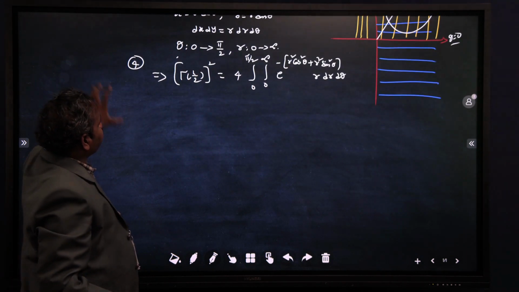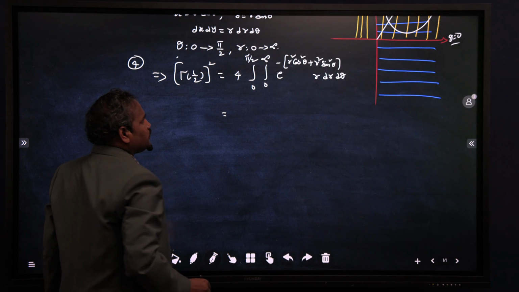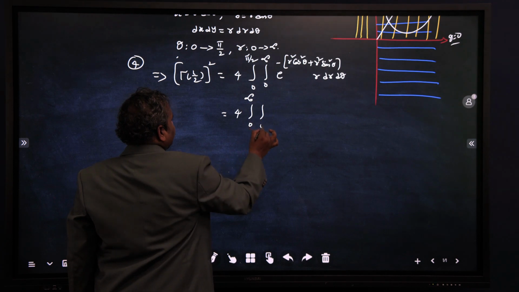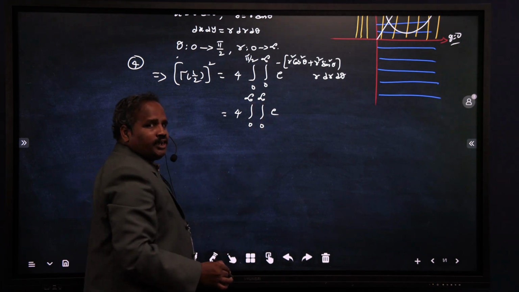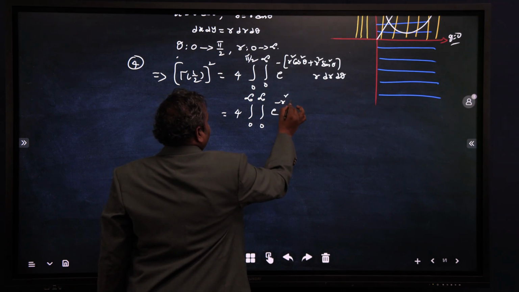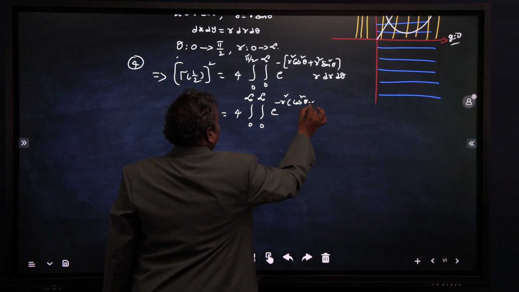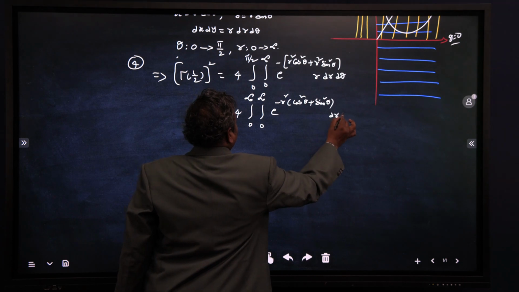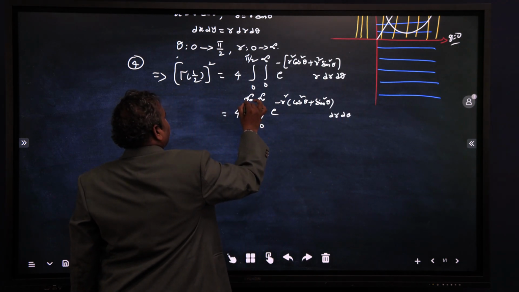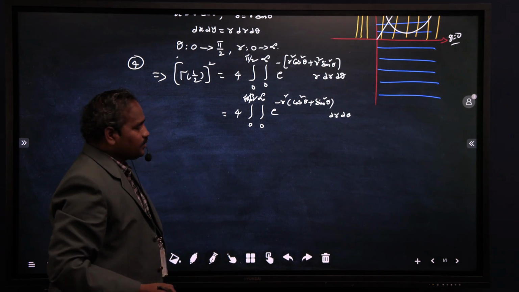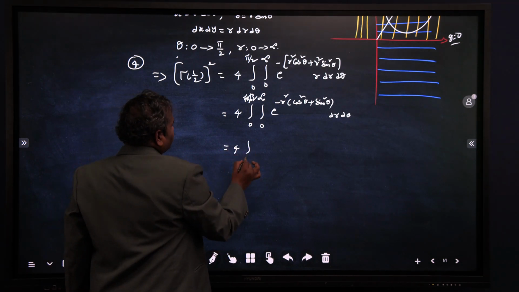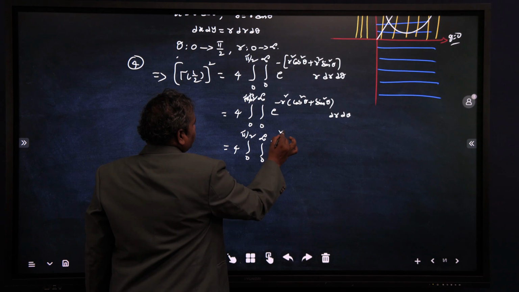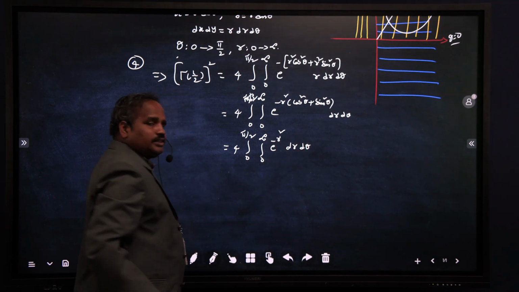Now this one is equal to 4 into integral 0 to pi by 2, 0 to infinity, taking out common minus r square, remaining is cos square theta plus sin square theta, dr d theta. That gives 4 into integral 0 to pi by 2, 0 to infinity, e power minus r square dr d theta.